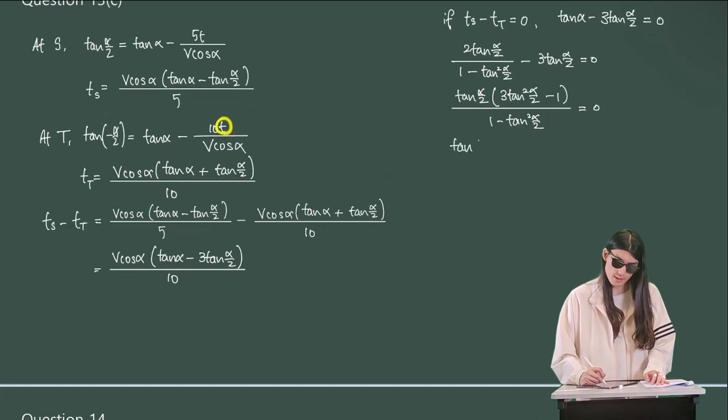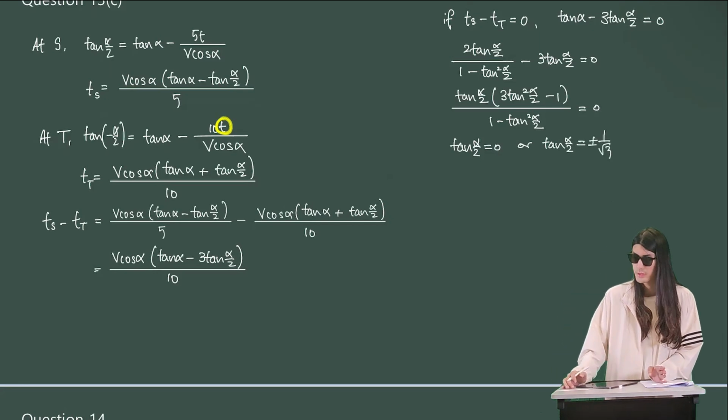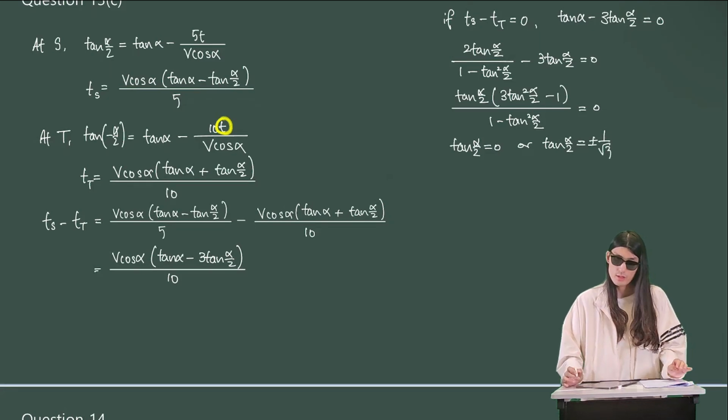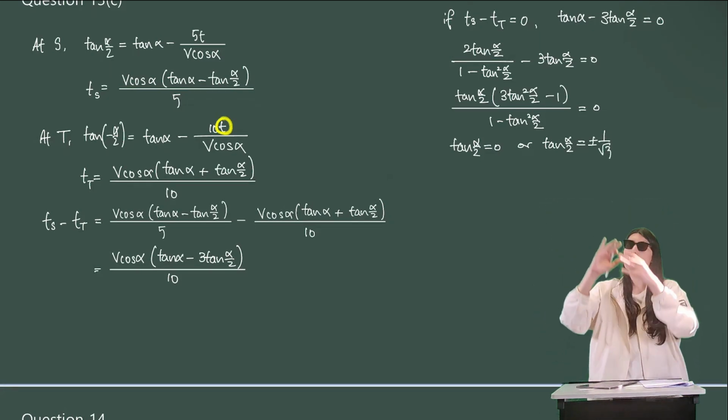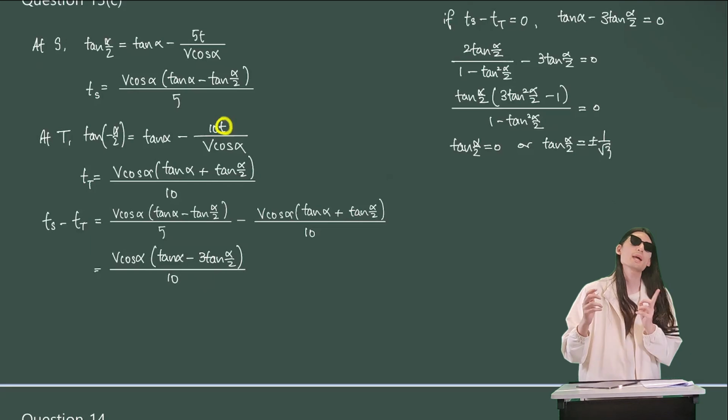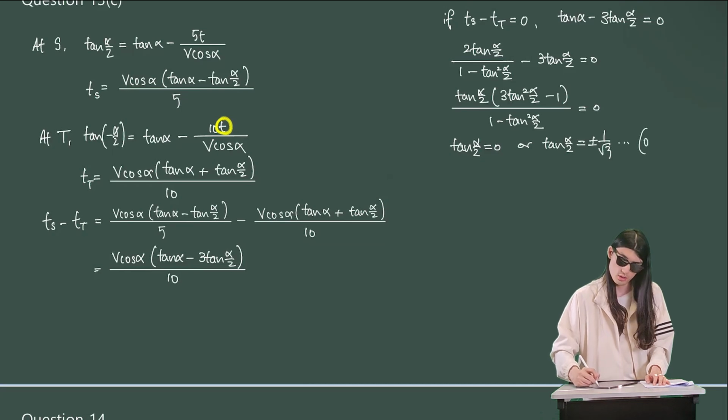Which of course means for this to be equal to 0, either tan alpha on 2 is equal to 0 or tan alpha on 2 is equal to plus or minus 1 over root 3. But again, keep in mind that alpha here is between 0 and pi on 2, so alpha on 2 would be between 0 and pi on 4.